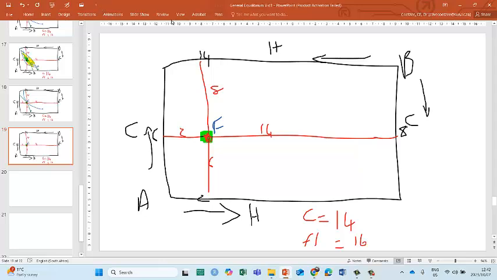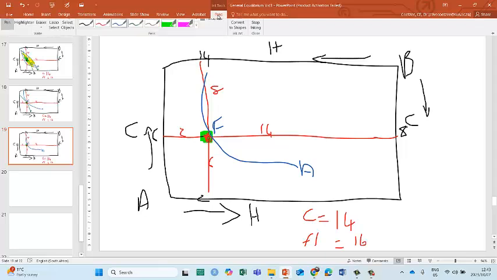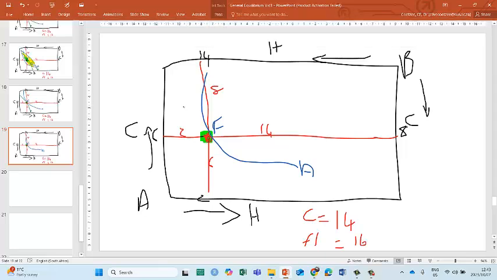Okay, so person A, as we said, is blue. So let's do it this way. There's person A's indifference curve. Notice how the indifference curve always looks different, but it's difficult to draw nicely with these pens.